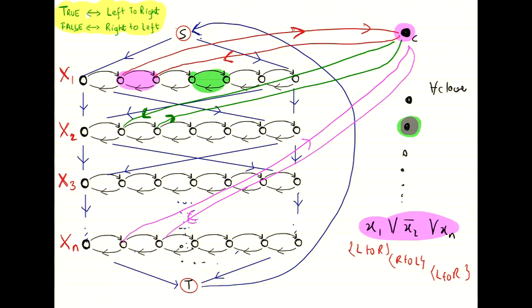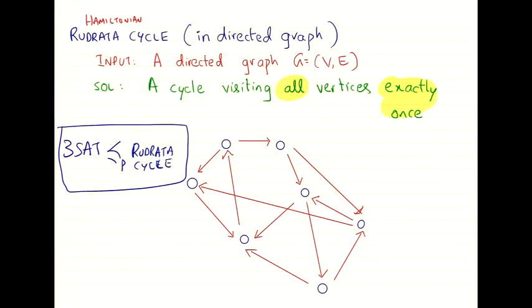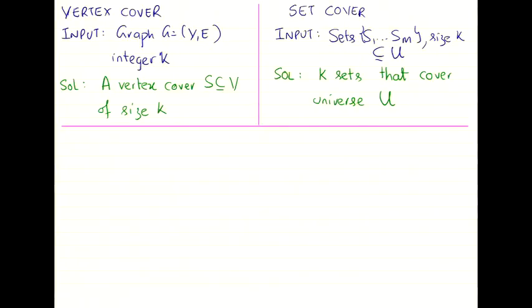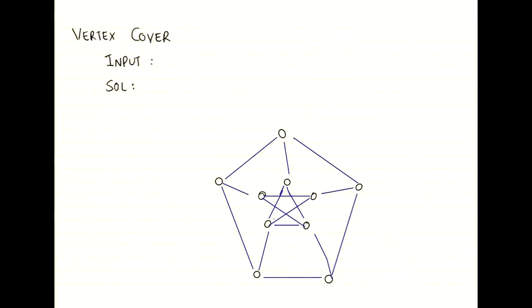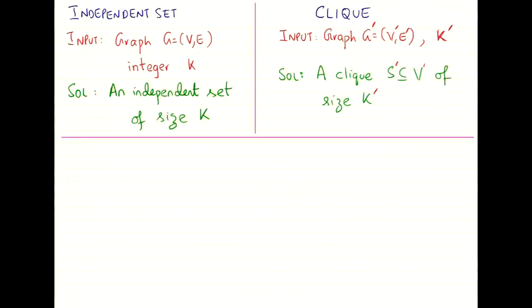Okay, so I'll wrap up by telling you the problems that I did not cover. There are a couple of easy reductions which I did not cover, and it would be a good exercise to do them yourself. They're super easy. Independent set to clique is just flipping the graph.